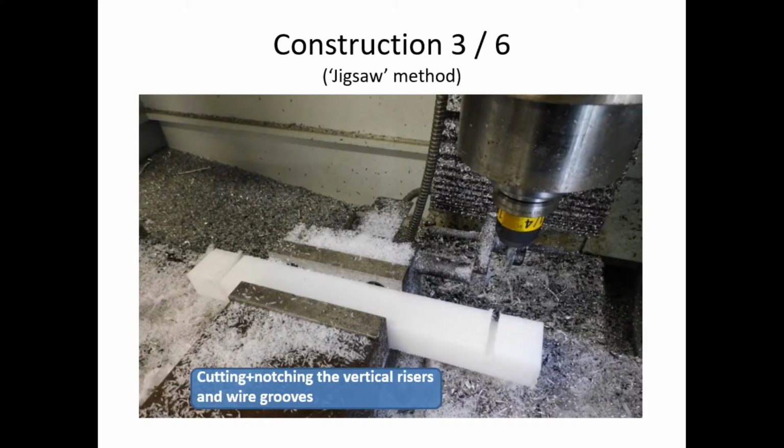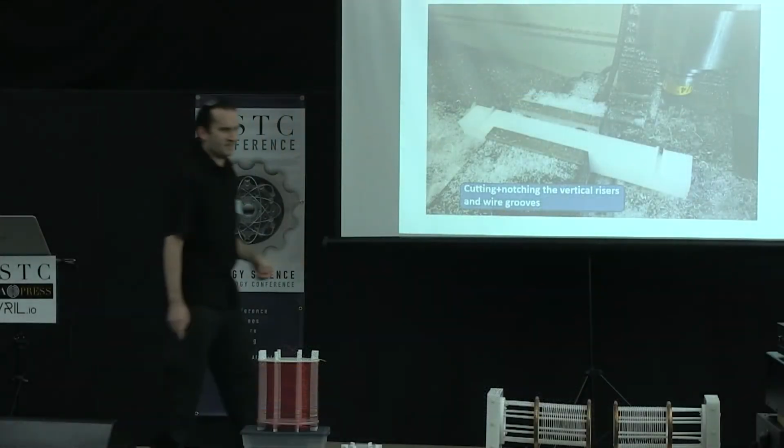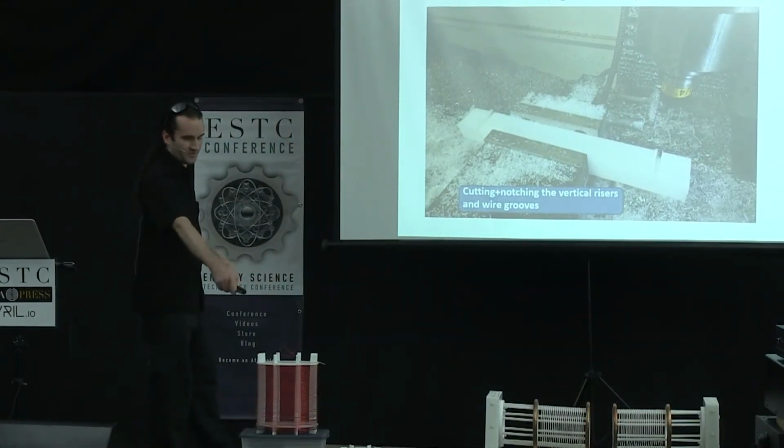Next up, we cut the vertical risers and we put grooves into that. So it essentially jigsaw connects together. On the one side you would put that, and then when you flip it over you actually have to cut the wire grooves. You don't have to, but if you want to get a very consistent spacing like we have on these, it comes in handy.